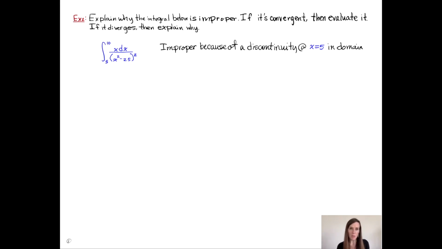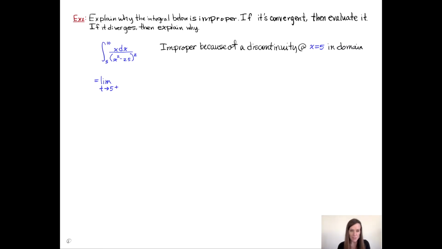So the first step whenever you have an improper integral is to rewrite it using proper notation. So we will begin by writing this as the limit as t approaches 5. And because this is a one-sided limit, we are approaching 5 from the right, because the upper bound is larger than 5, so we're coming at it from the right-hand side.